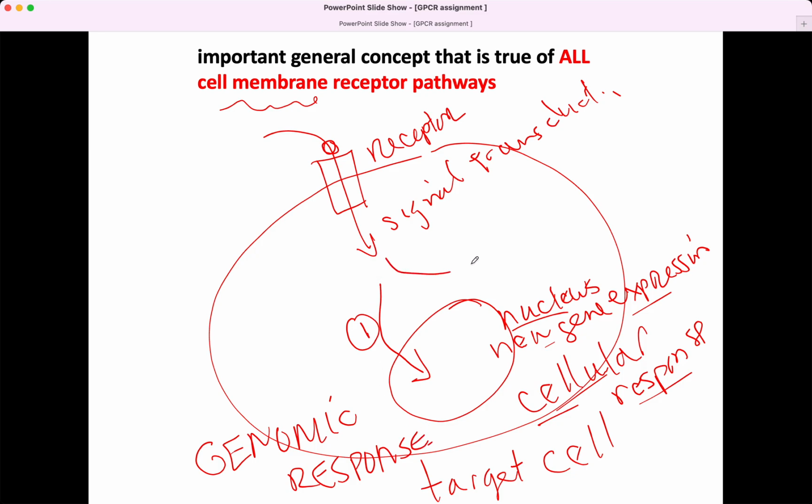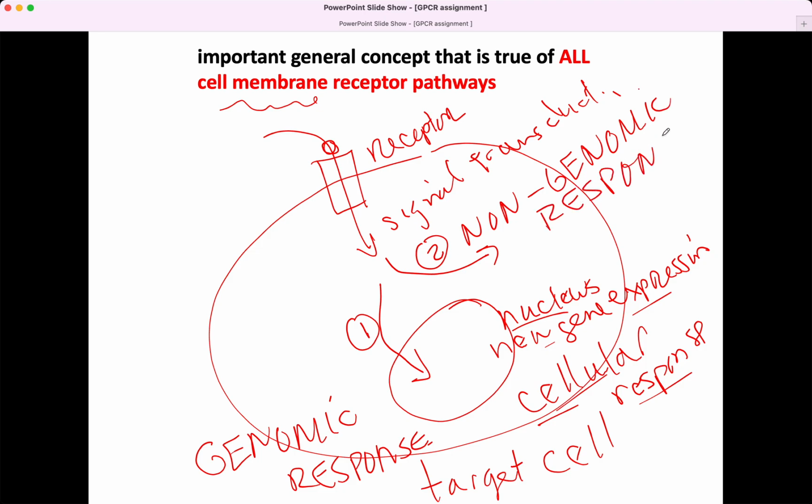Then we'll see it in the first example of this video, and it's very common. There's a second option, and that could be the cellular response could involve non-genomic responses. So that's going to be things happening in the cell, but it doesn't involve new gene expression. And the example we're going to use is epinephrine, which is synonymous with adrenaline.